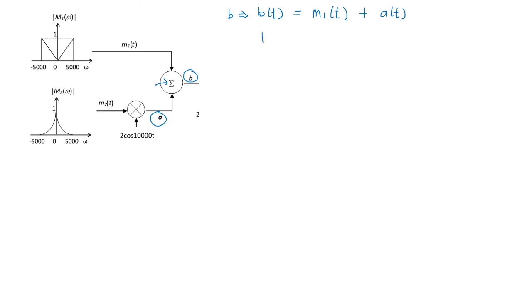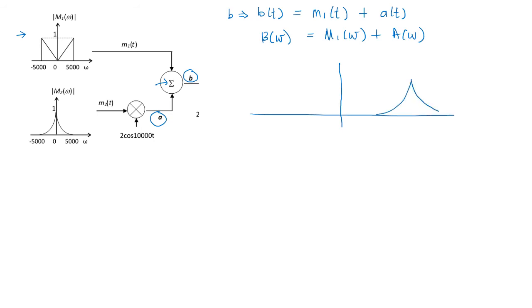So your B(omega) equals M1(omega) plus A(omega). We have sketched A(omega) just now and M1 is also given, so now you just need to add them up. Here is your A(omega) just now, the magnitude is 1.